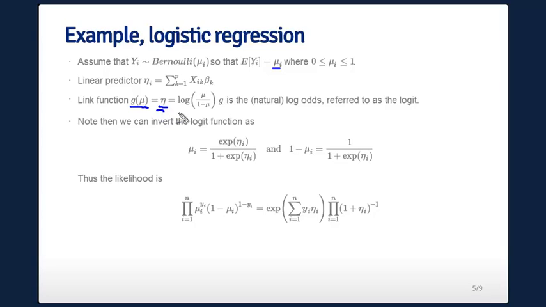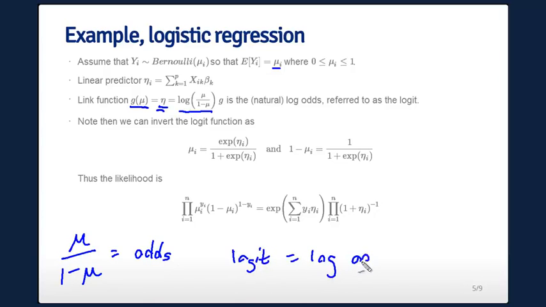And in logistic regression, that function is the log odds, log of mu over 1 minus mu. Just to remind everyone, hopefully everyone's had the inference class so they can recall that if you take a probability and divide it by 1 minus the probability, that's called the odds. And so in this case, the logit is equal to the log of the odds.